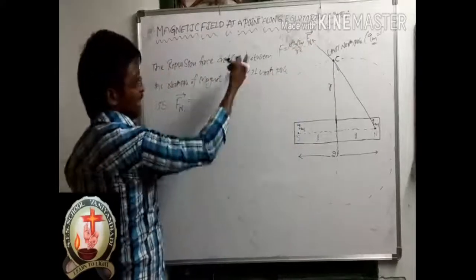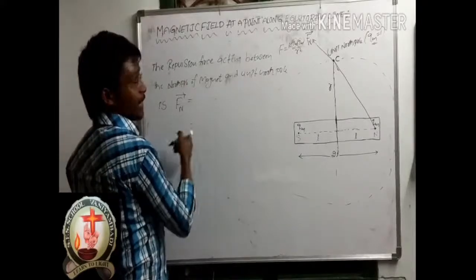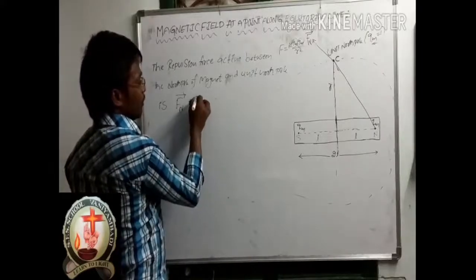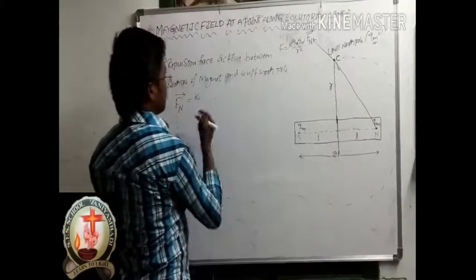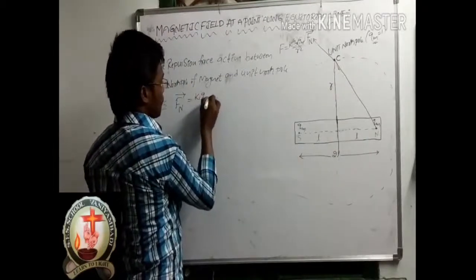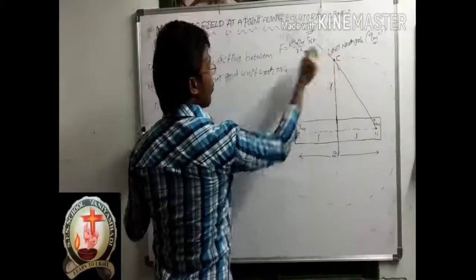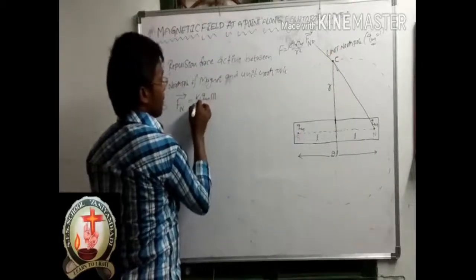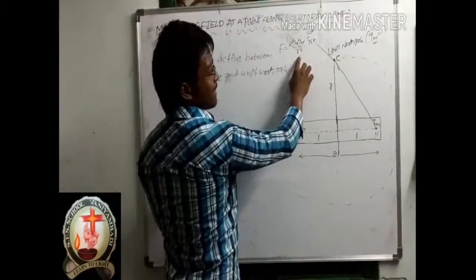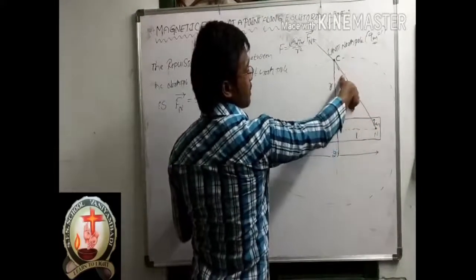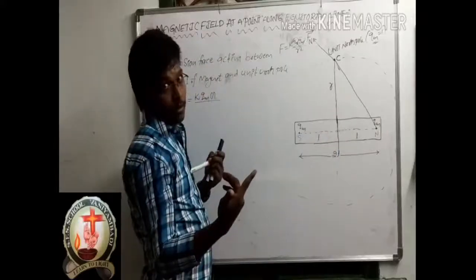No. From like that, how we should write here? K into pole strength Qm, here pole strength what? 1, by here r means what? Distance. So here to here distance what? We don't know.